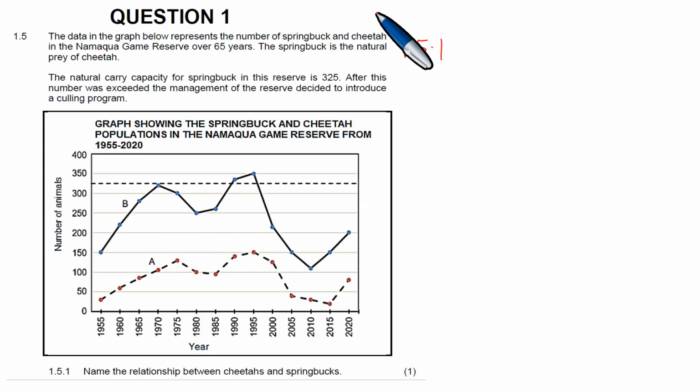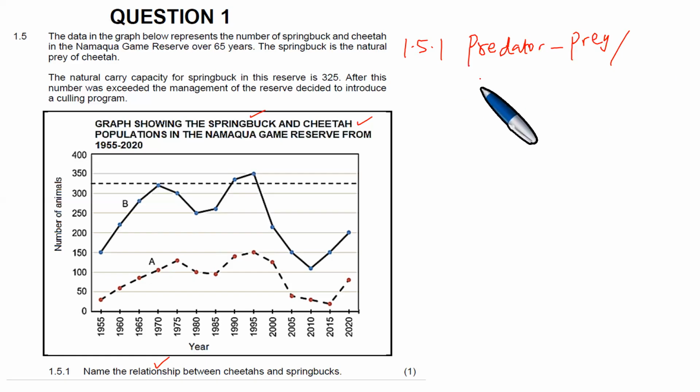So the relationship the examiner wants between the springboks and the cheetahs is the predator-prey relationship. If you don't want to call it the predator-prey relationship, you call it predation.